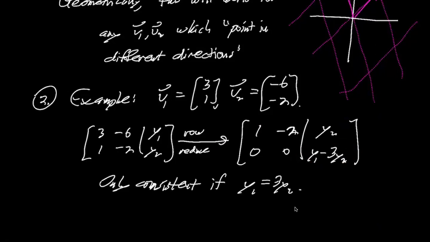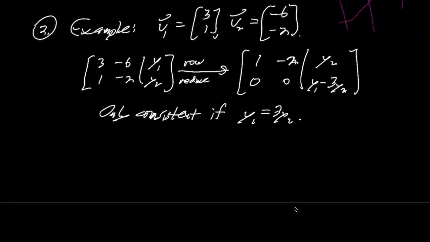And you can think about what that means geometrically, and you can see how I chose v2 from v1. Let me draw something over here again. Here is (3, 1), say, like that.